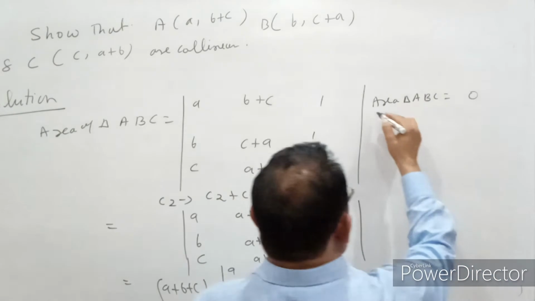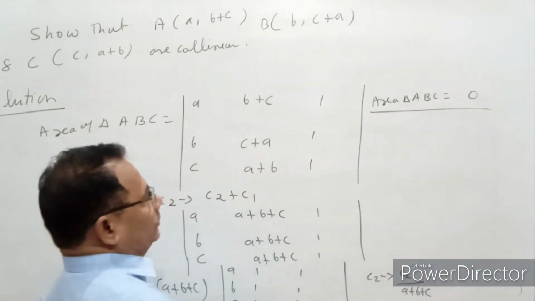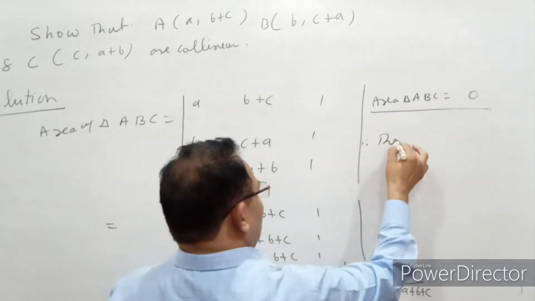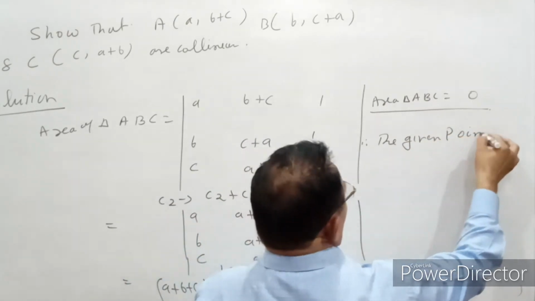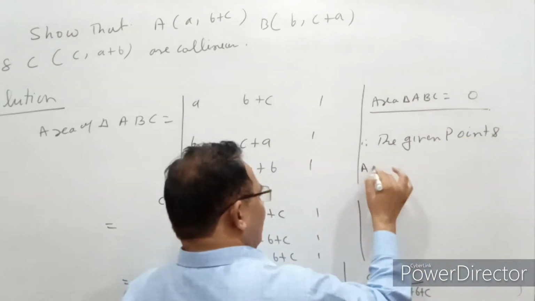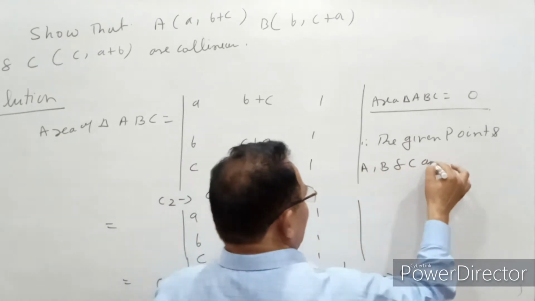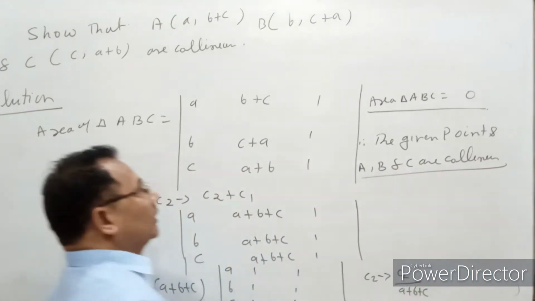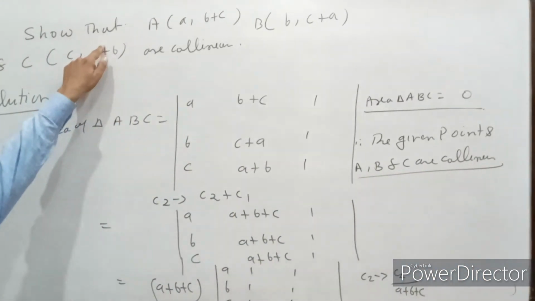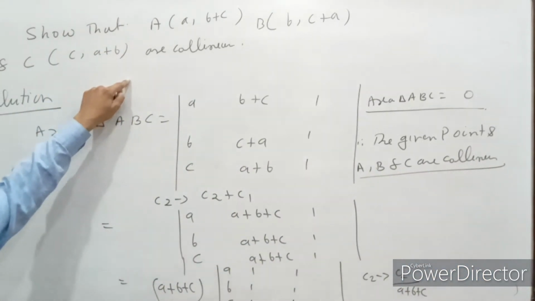And because the area of the triangle is 0, the given points A, B and C are collinear. So we can say that the three given points are collinear.